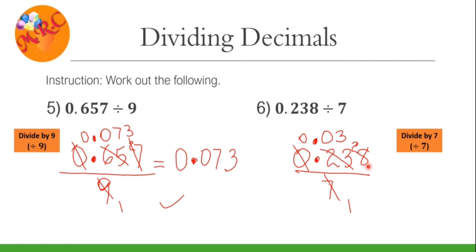And 7 into 28 goes 4 times. Alright. And my answer is 0.034. Well done. Give yourself a clap for doing that. Alright, good. Let's continue.